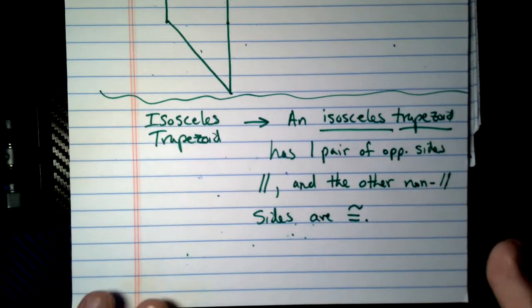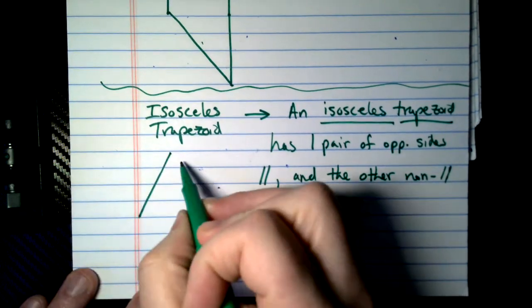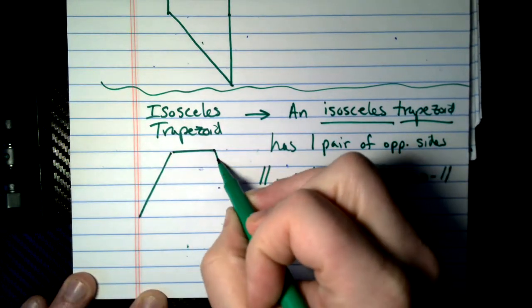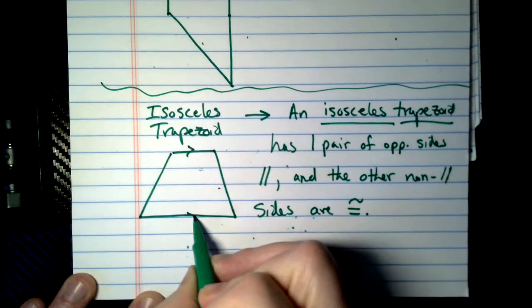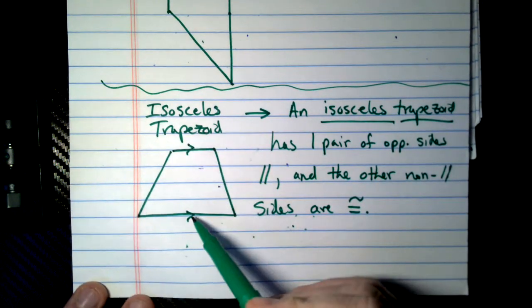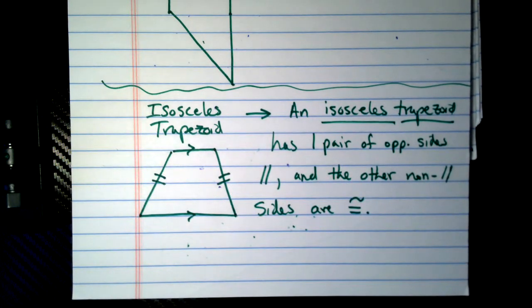So you have one pair of opposite sides parallel, the other sides are congruent. It would look something like this. The top is parallel to the bottom, but they're not congruent. And the left is congruent to the right.